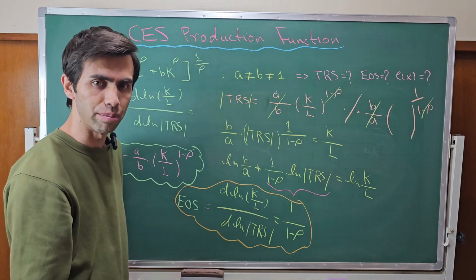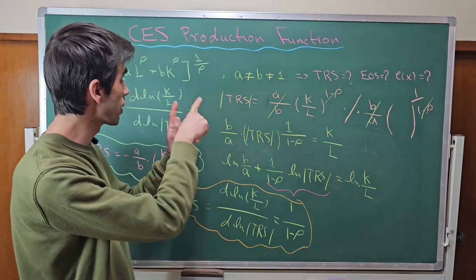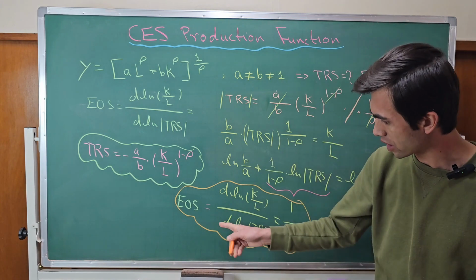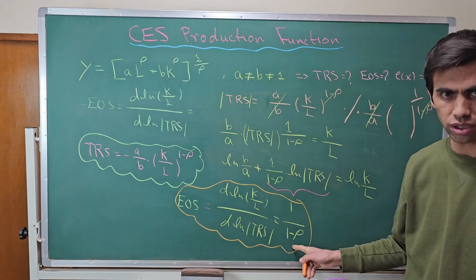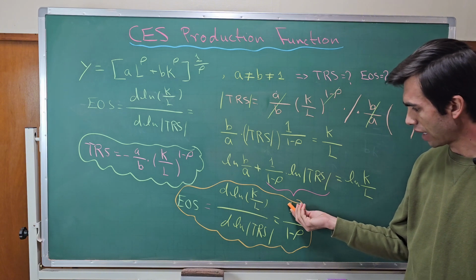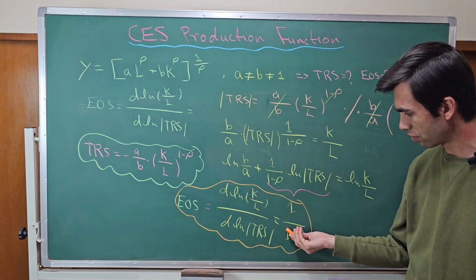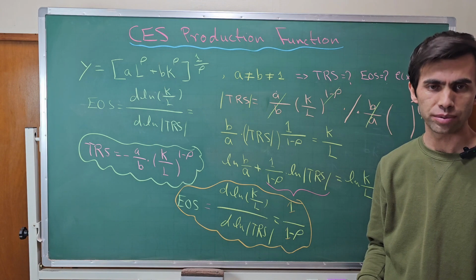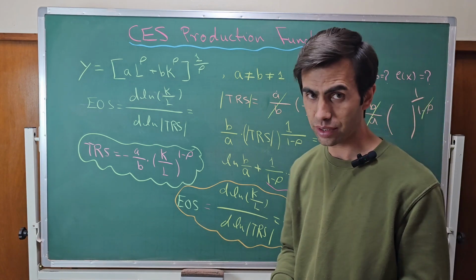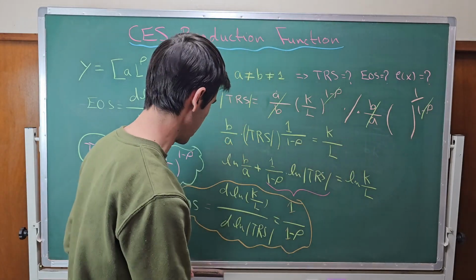And it's a constant number, because rho is just a constant number. So you just need to divide 1 by 1 minus rho. This is the elasticity of substitution for this CES production function.